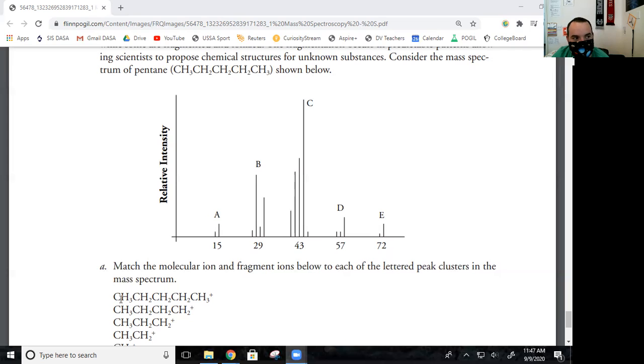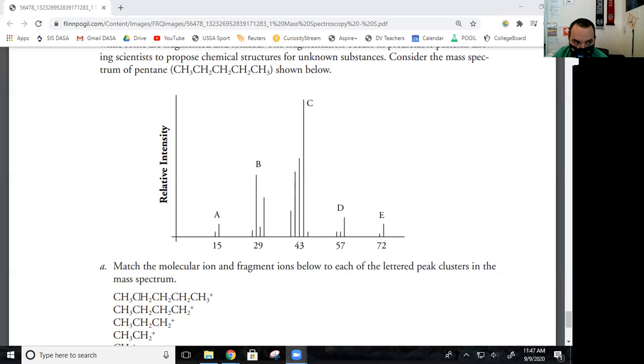And technically speaking, couldn't you do the math? So you have 3, 2, 2, 2, 3. So 5, 7, 9, 12. So could you do 12 times the atomic mass of hydrogen, which is 1? So 12 plus carbon, carbon, carbon, carbon, carbon. And what is the atomic mass of carbon? 12.